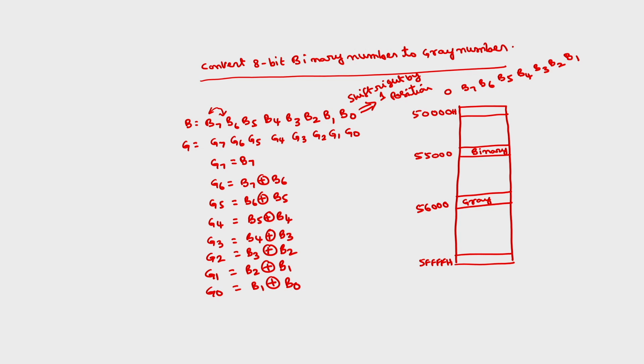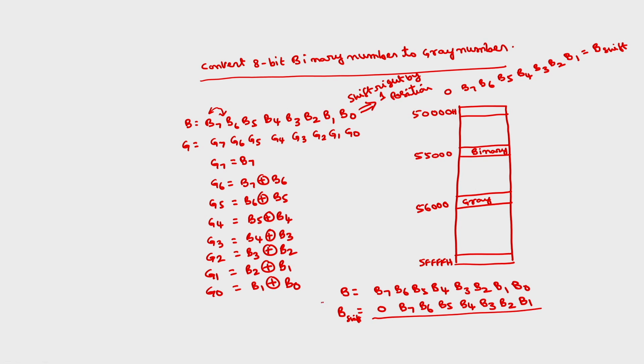Okay. This number, if I exclusive OR with B itself, what will be the result? We call this one the shifted version of B. Now here I will write B is B7, B6, B5, B4, B3, B2, B1, B0 and B shift is equal to 0, B7, B6, B5, B4, B3, B2, B1.